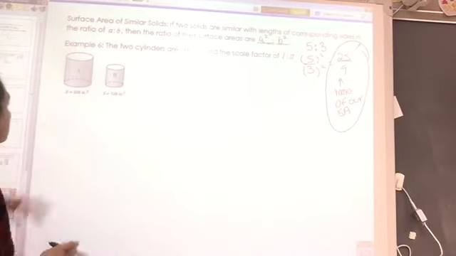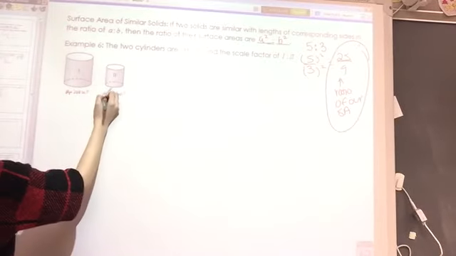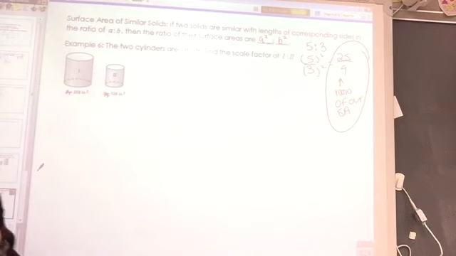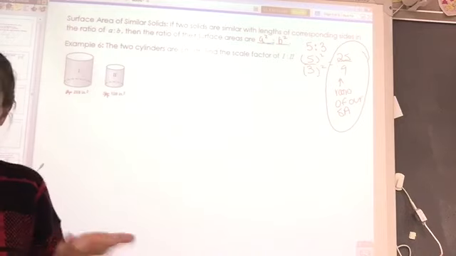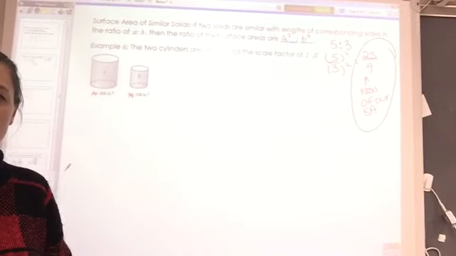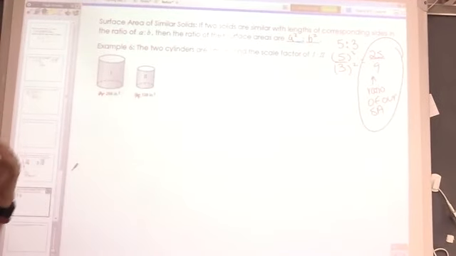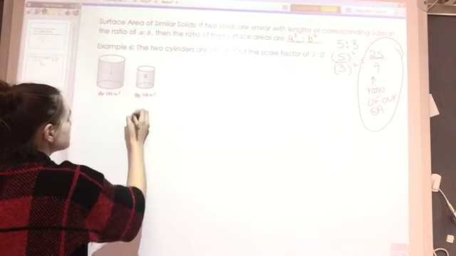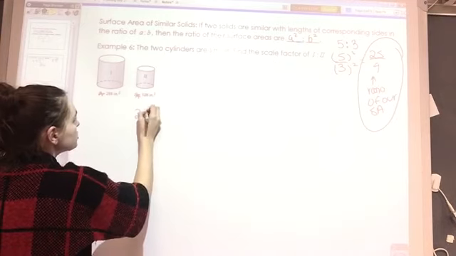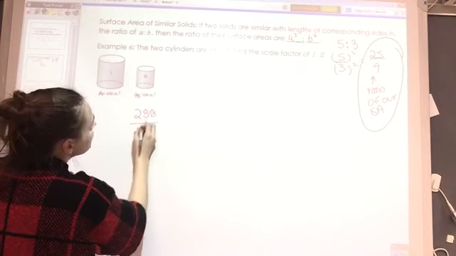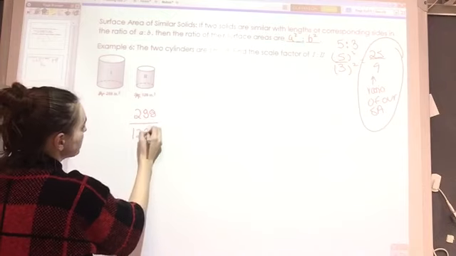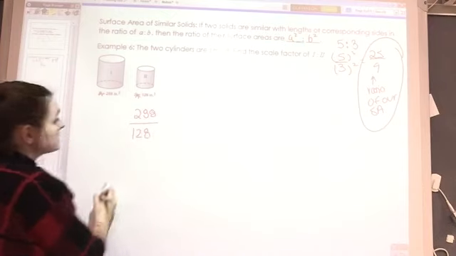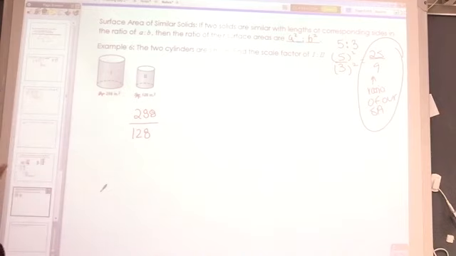So, for example 6, we're given the surface area of these two figures. They want us to find the original scale factor, the scale factor of the sides. So we have to think about this a little bit backwards. So they want us to set it up with 1 on top and 2 on the bottom. So we've got 288 over 128. And I know that I want to find the scale factor of the sides.